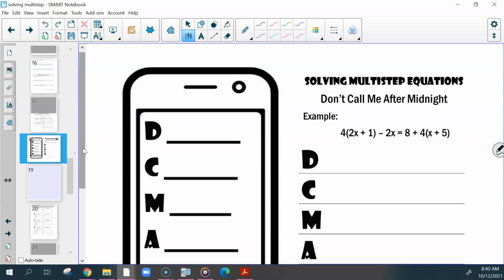But for this, the Don't is for distribute. The Call is for combine like terms.